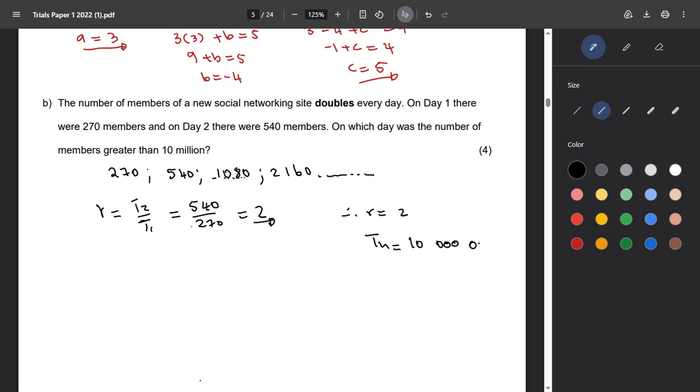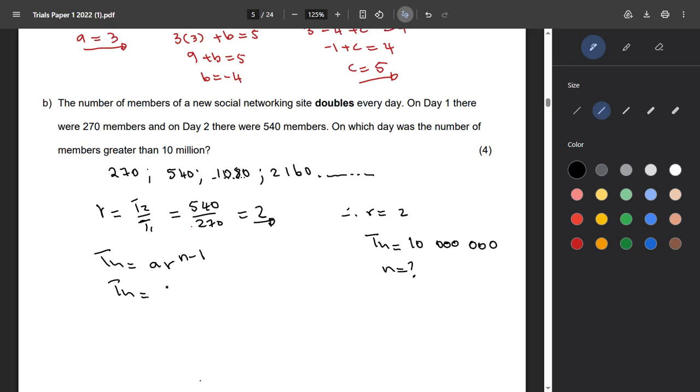That should be 6 for a million. Then when we add that 10, there should be 7 zeros. That's 10 million. So they are looking for n. So you need to find the general term first. You need to understand what your Tn is. Remember, for a geometric sequence, the general term is in the form of a times r to the power n minus 1.